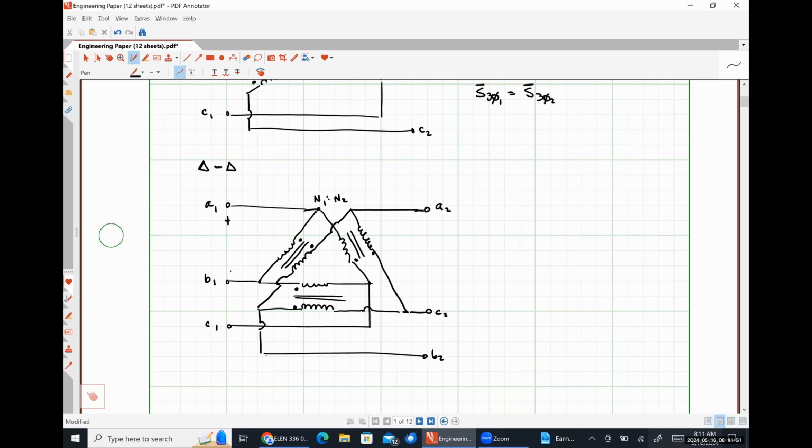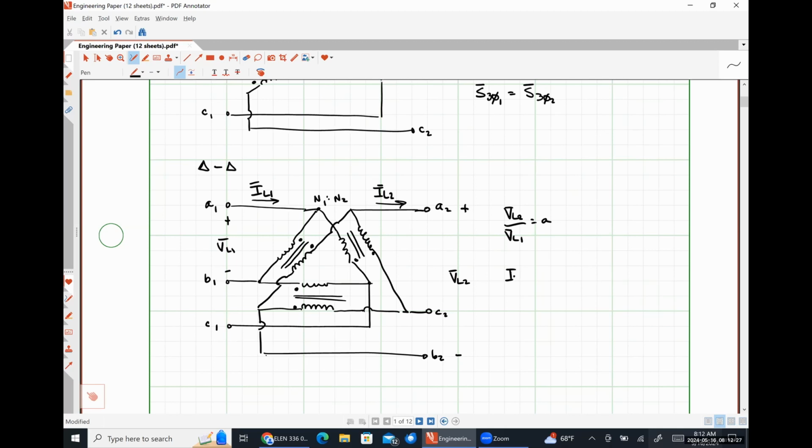So if this is our primary line voltage and this is our secondary line voltage, so both times measured between the A and B phases, we have the relationship VL2 over VL1 is equal to A. This is my primary current. And this is my secondary current.